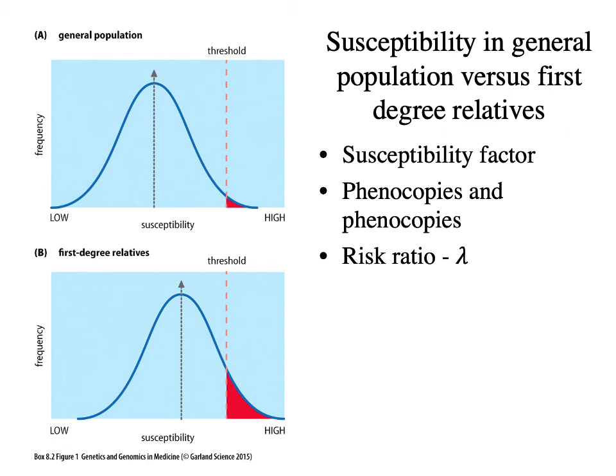One can calculate a metric for this, and it's referred to as the risk ratio, or lambda. The risk ratio is the disease risk to a relative of an affected person divided by the disease risk to an unrelated person. It is designated as lambda with a subscript that defines the relationship.